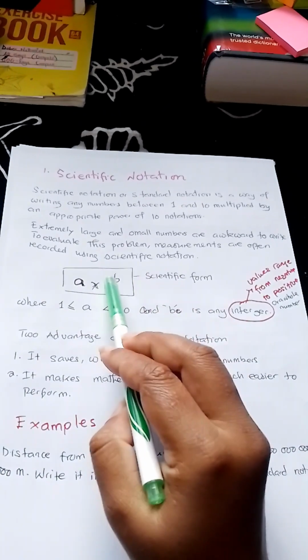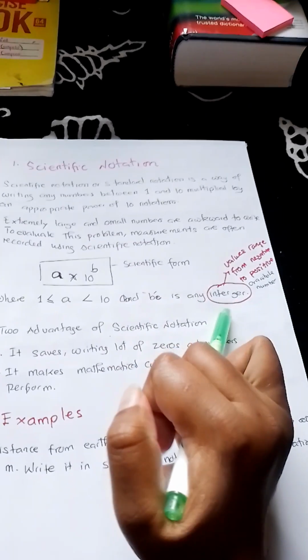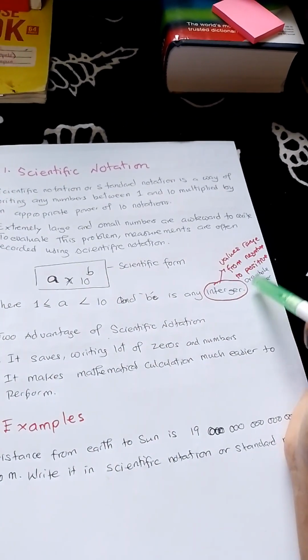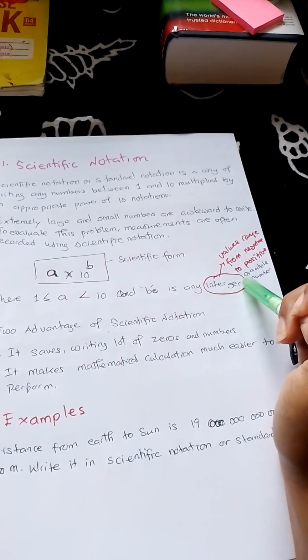And b is any integer, meaning values ranging from negative to positive, or a whole number.